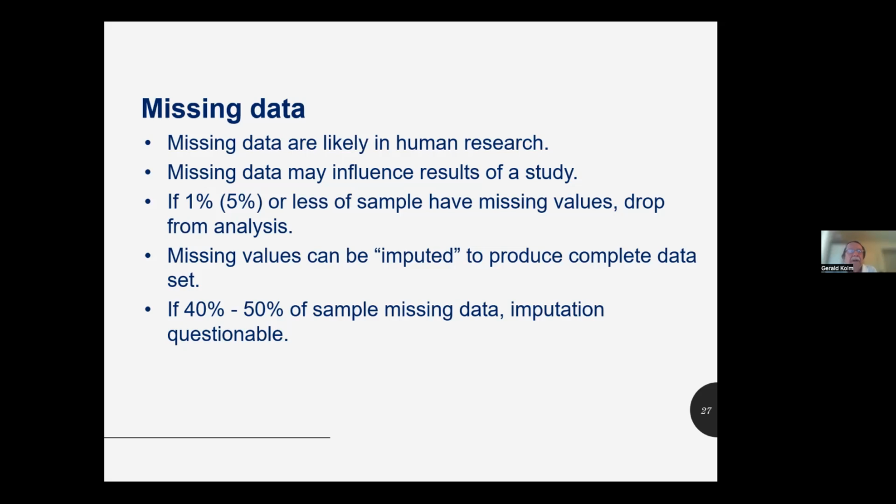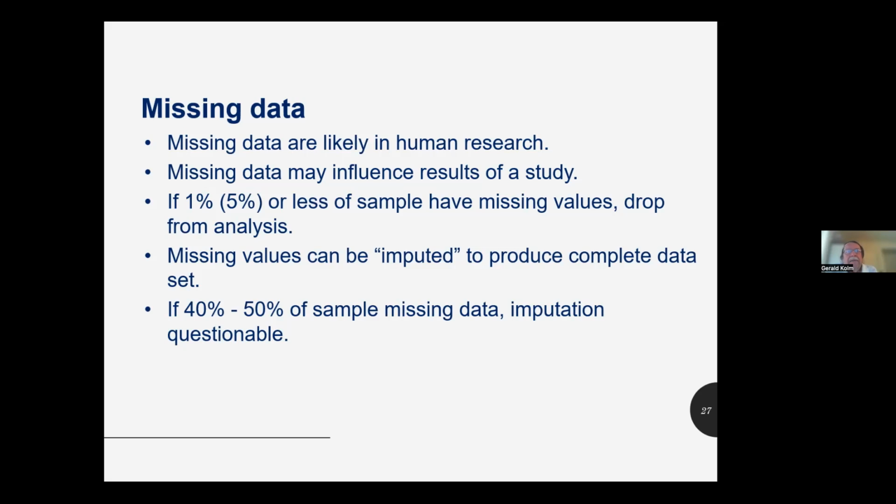Now, if you have 1% or less of a sample that has missing data, or some people say if you have less than 5%, then just drop the missing data from the analysis. It won't make that much difference. And that's probably true.